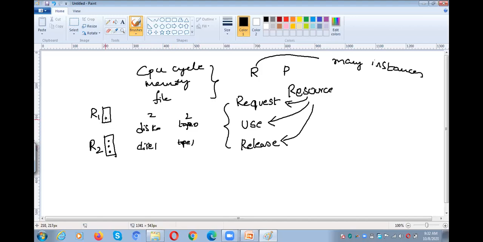In this particular example it is represented like a dot. By using this, we can say there is only one R1 type of resource available and three R2 type of resources are available. Those are usually called instances. Okay.